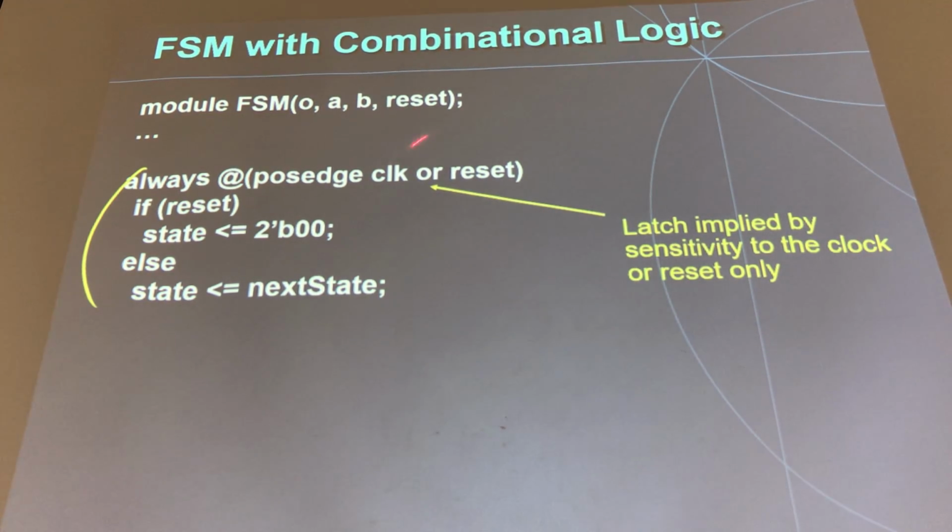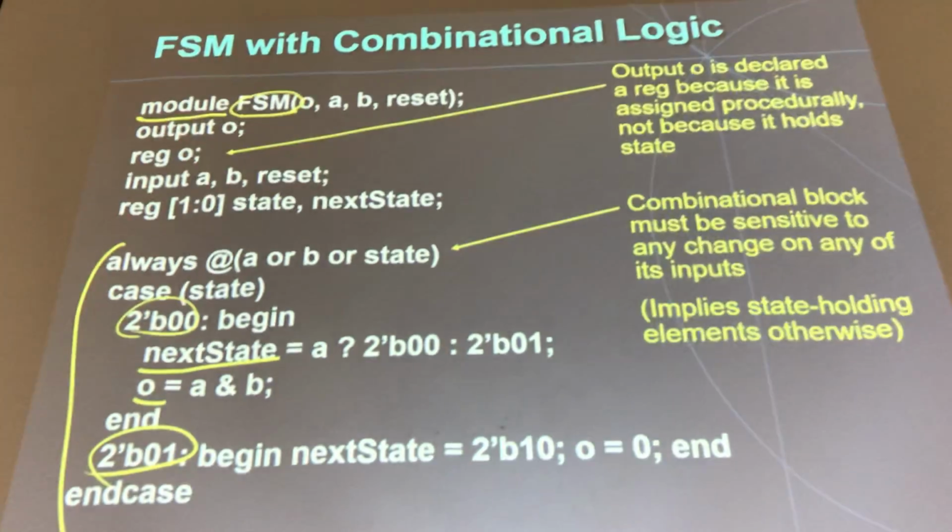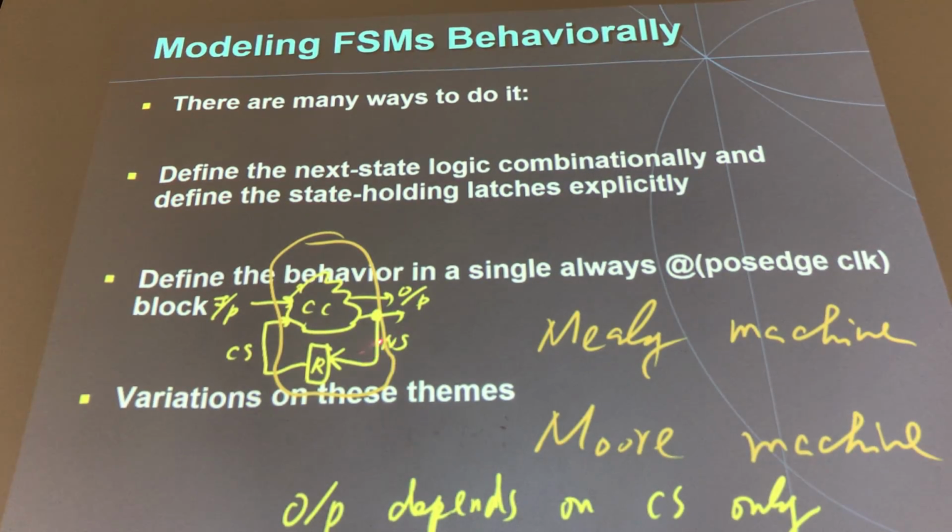So either the clock signal rising edge, or reset signal 1, we do this. In reset, the initial value of the state register will be 0, 0. Otherwise, if not reset, there must be a clock signal edge. Then we update the state based on the next state. The next state will update the current state.